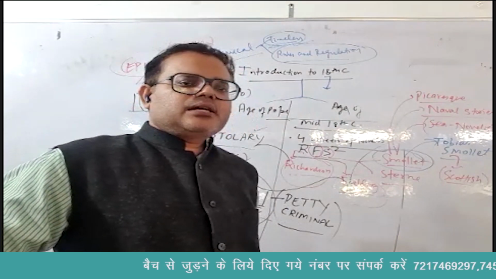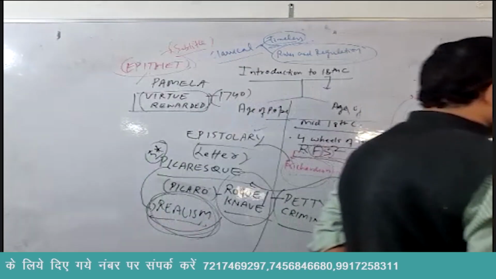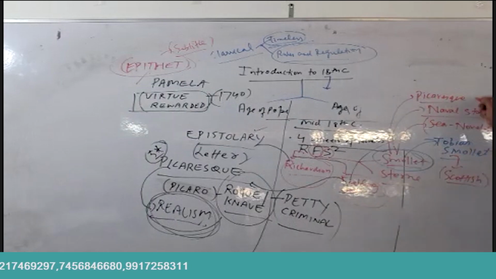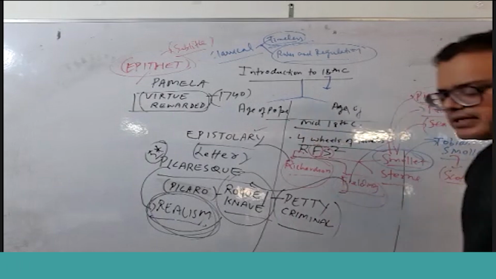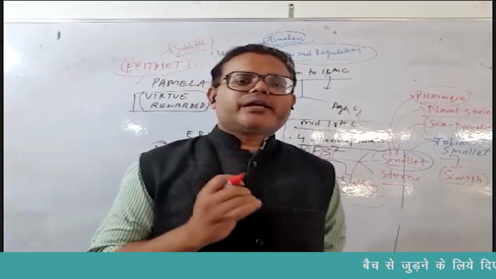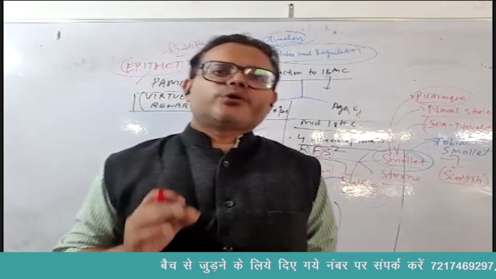So picaresque, I already told you that in a picaresque novel, the hero is a rogue. One more element I would like to tell you about picaresque, and please do listen to this as a very important point, is that picaresque novels were always episodic in nature. Bold, highlight, capital: episodic.